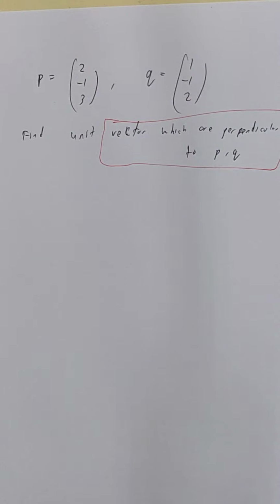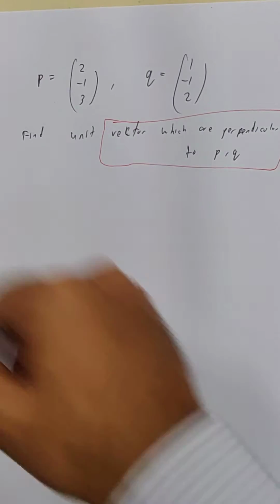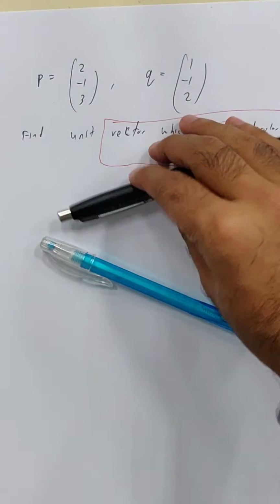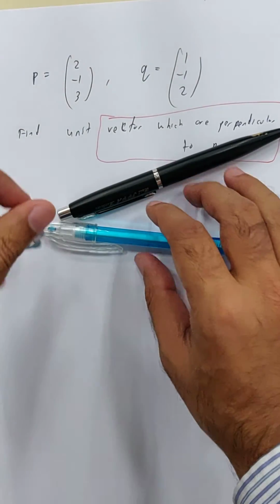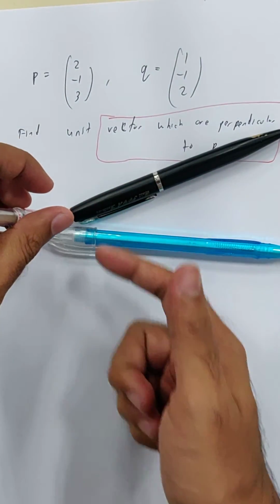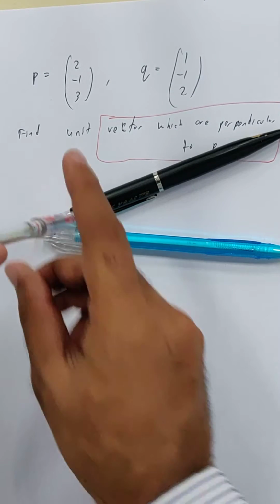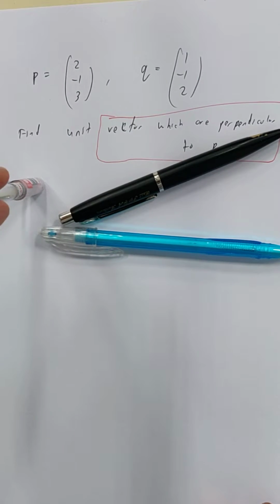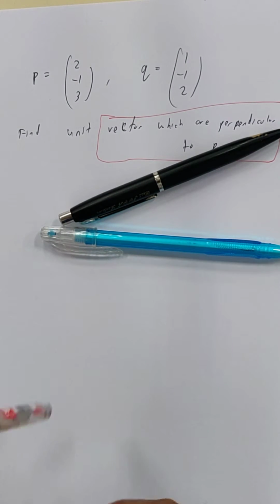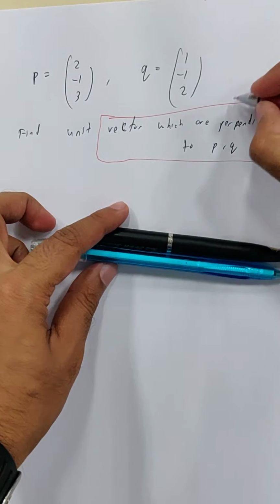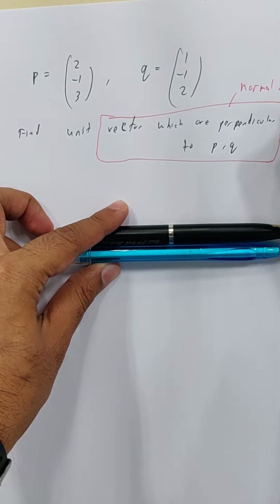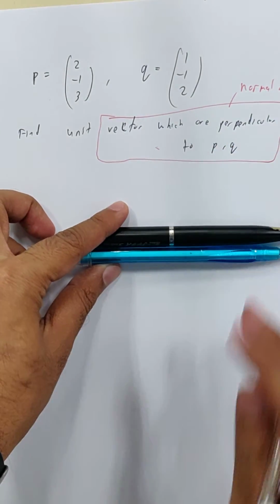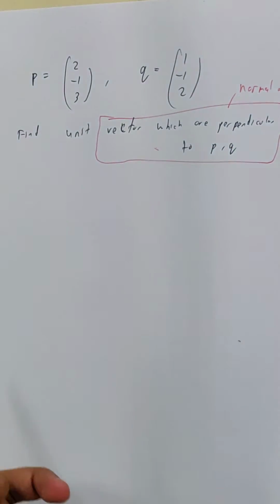Is the normal. So let's say this is P, let's say this is Q. So that perpendicular to them? Yeah, normal. It's an annoying way of not being straightforward. It always come out in exams. Remember this line. Vector perpendicular to P and Q, what it means is a normal.